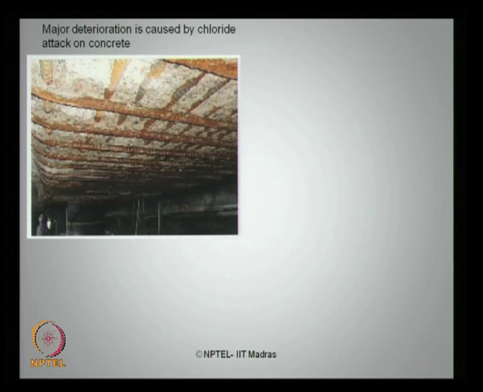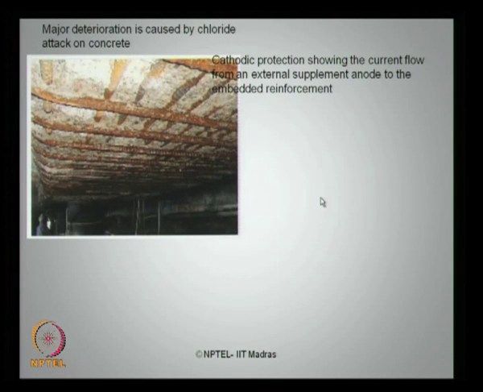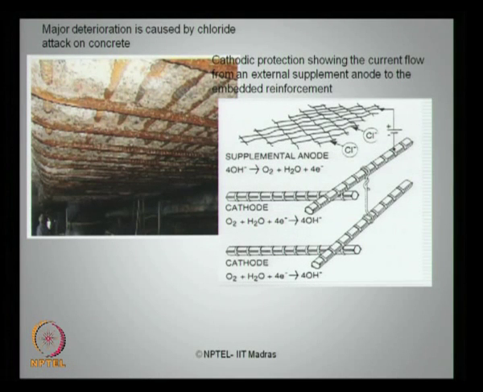If you look at one of the examples again, where the major deterioration is caused by chloride attack on concrete, as you see here, the cathodic protection which is being prepared shows a current flow from an external supplemental anode which is acting as an anode to the embedded reinforcement.